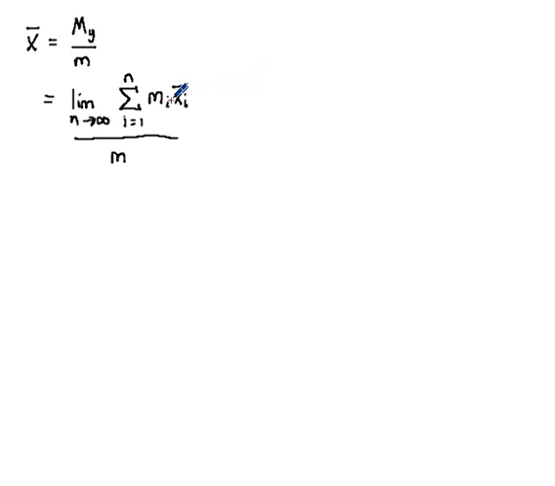The x sub i bar is really just an average point in the ith slice.